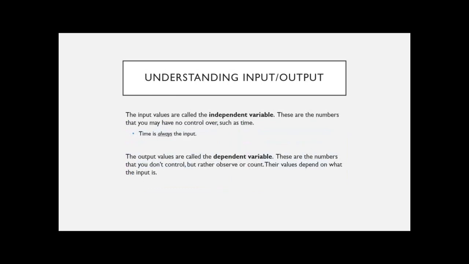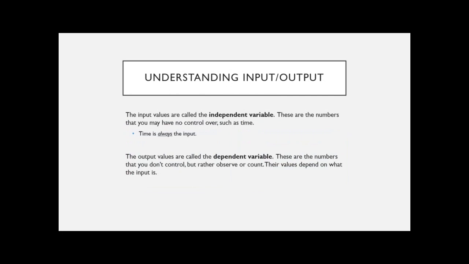These input values I'm talking about are called the independent variables. If you've taken a science class, you may have heard this term before. In statistics or any kind of studies, these are the things you don't control. A good example is time. When we graph, we often graph things against time, like number of months, years, or days.